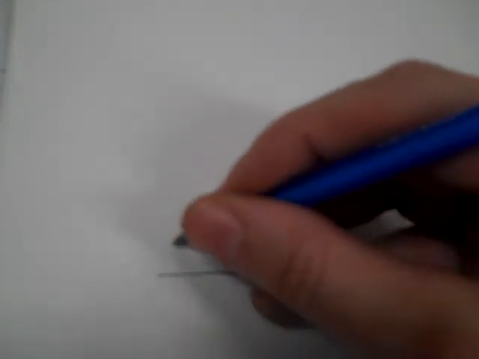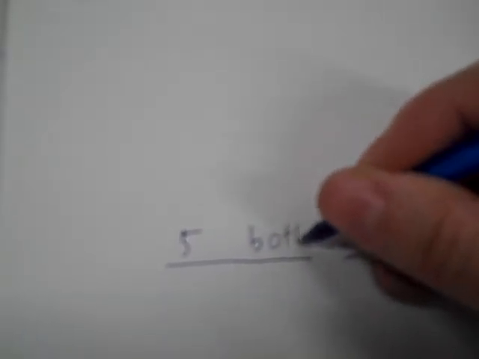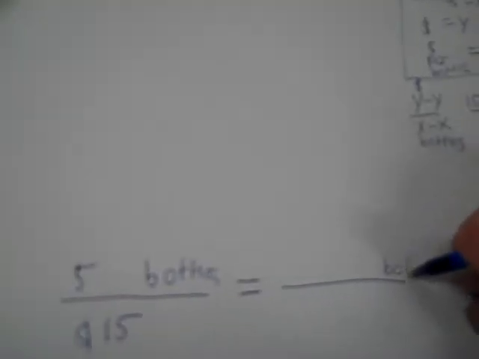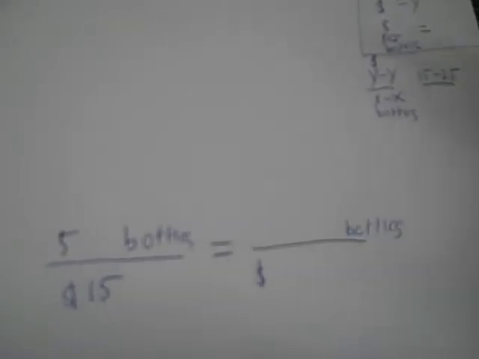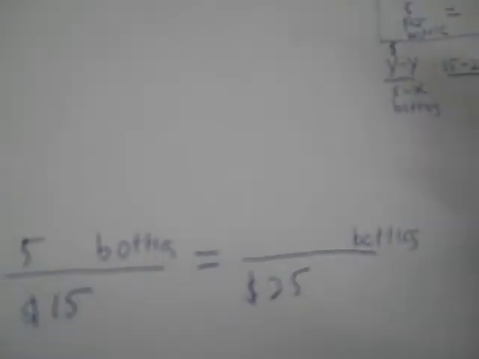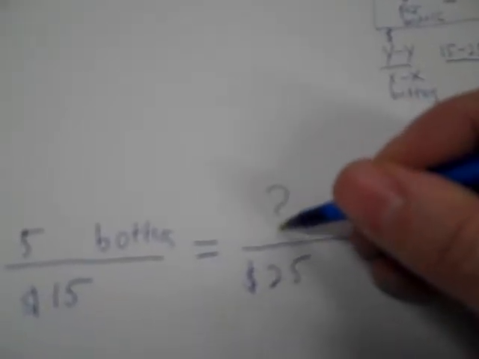And all you do is you put 5 bottles, 5B, and under it, you put $15. And then you put your labels the same way on the other ratio. And you have $25 and you don't know how many bottles you have, so question mark.